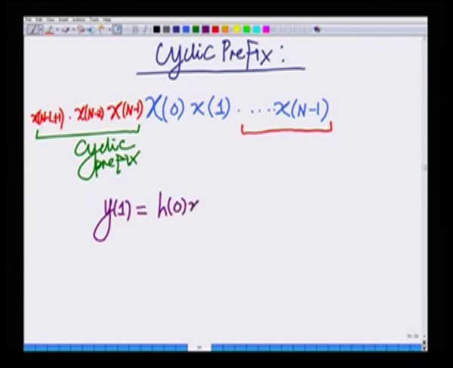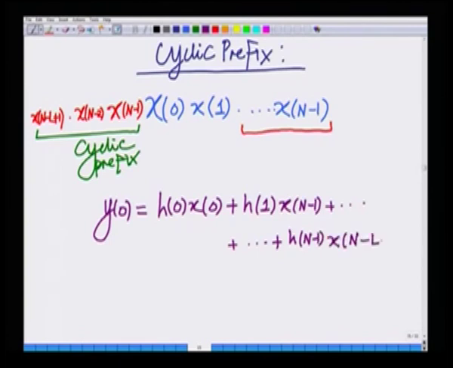Or sorry, let us look at y0. y0 is given as H0 x0 plus, now H1 into, look at this, the previous symbol to x0 is nothing but xn minus 1. So, this is H1 into xn minus 1 plus, up to H L minus 1 into xn minus L plus 1.